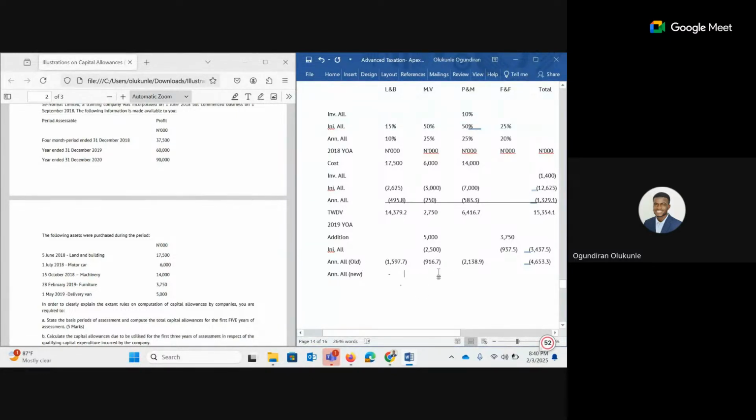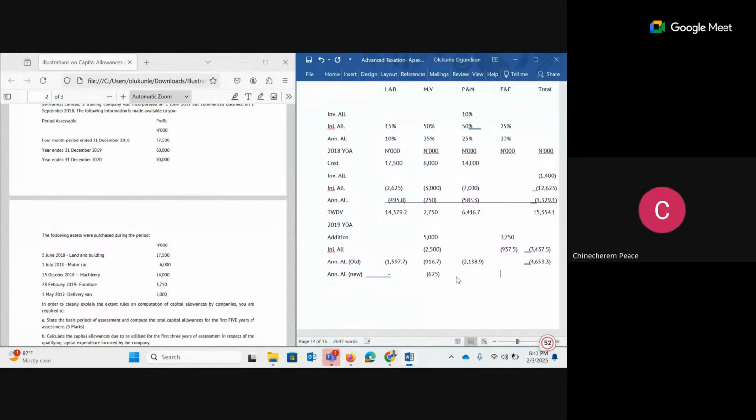We have a new asset here, so you just do 5,000 minus 25 divided times 25%. What do you have? 625, yes. Then do 5,000 minus 3,000, what? 2,500. Then times 25%. That's cost minus initial allowance times the annual allowance rate.